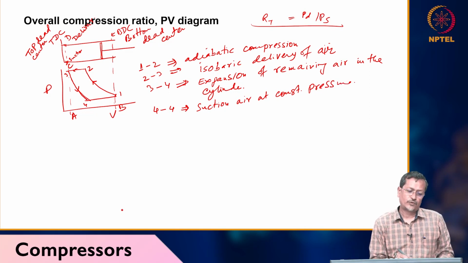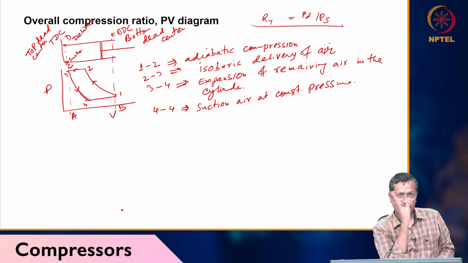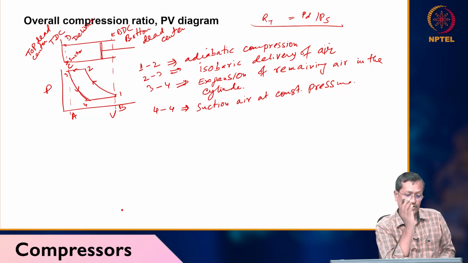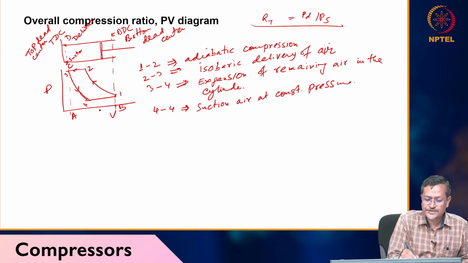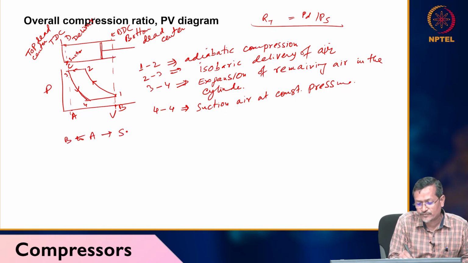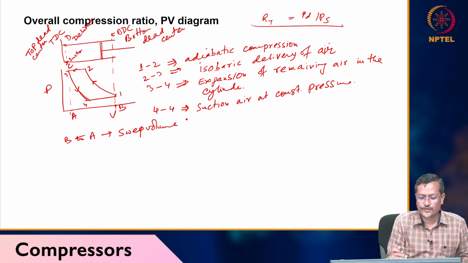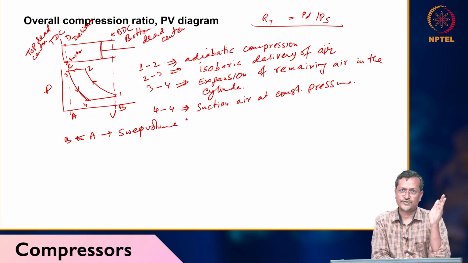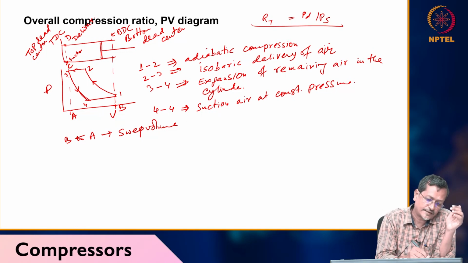Okay, now you can see I said some amount of air will be compressed but it will not be delivered. So the piston moving from BDC to that level is called swept volume. So my swept volume is B to A. Okay, and some part the piston is not moving, so that part is called clearance volume.